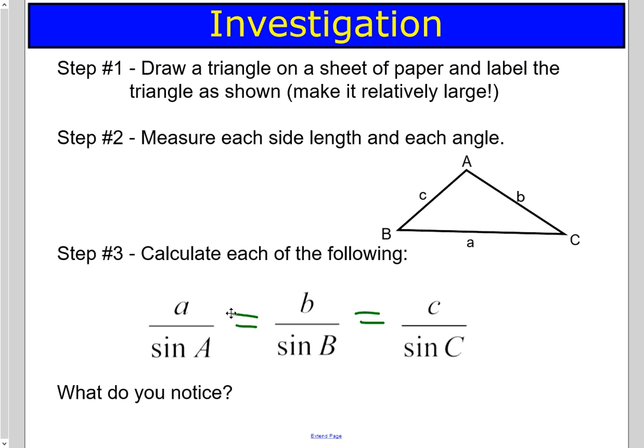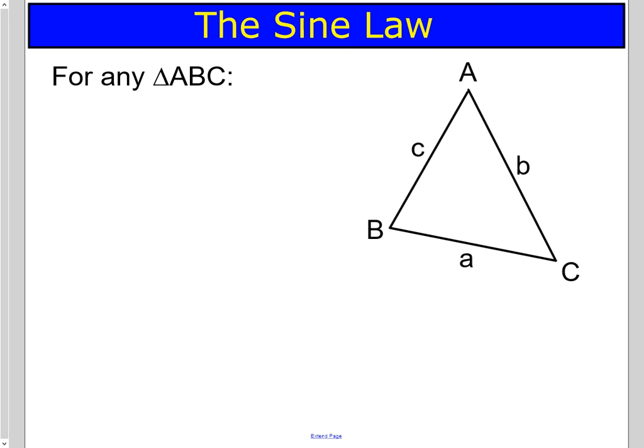And because our ratios are the same, we can use these ratios to help us solve for missing angles and sides. Let's say we have this triangle here. I want you to notice that if we have angle A, then side a is directly across from it.